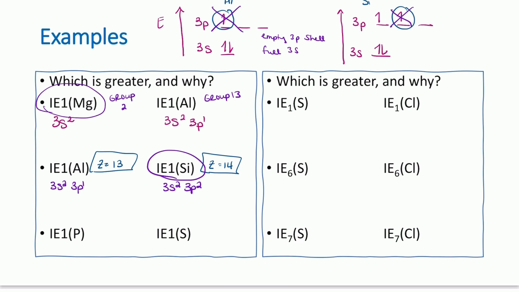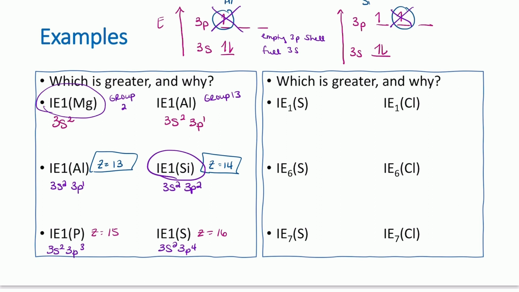What about the first ionization energy of phosphorus versus sulfur? Phosphorus, 3s2, 3p3. Sulfur, 3s2, 3p4. So Z here would be 15. Z here would be 16.